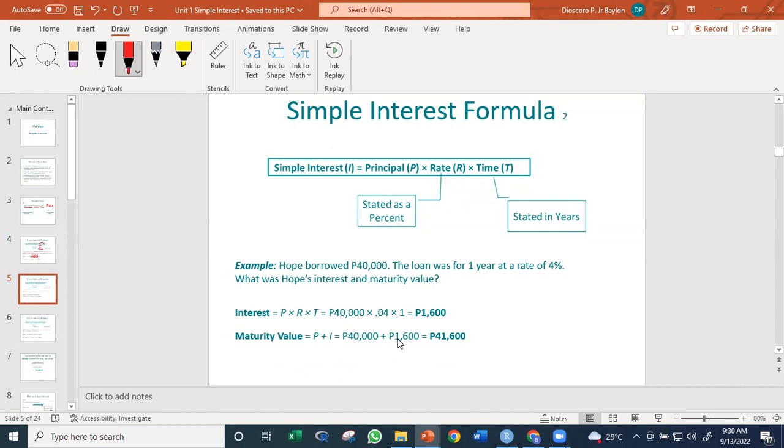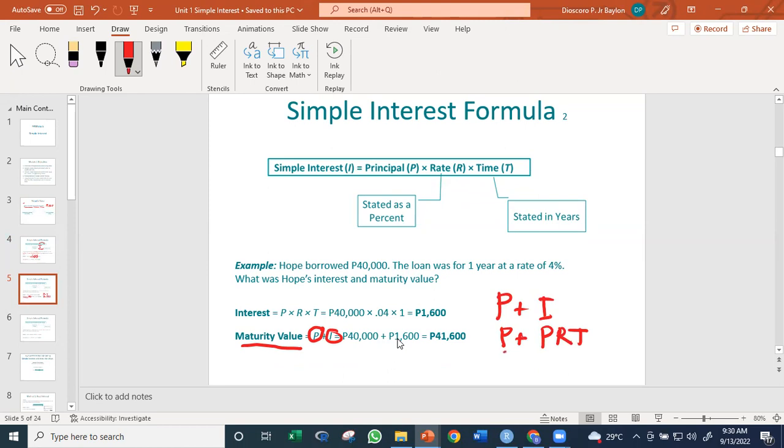Okay, so to compute for the maturity value, we just add the principal and the interest. So that's principal plus the interest, or if we simplify this, principal plus the interest is principal times the rate times the time.